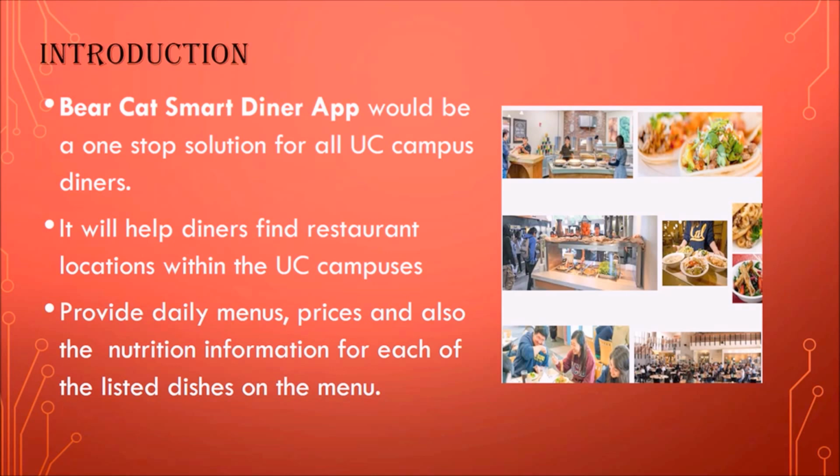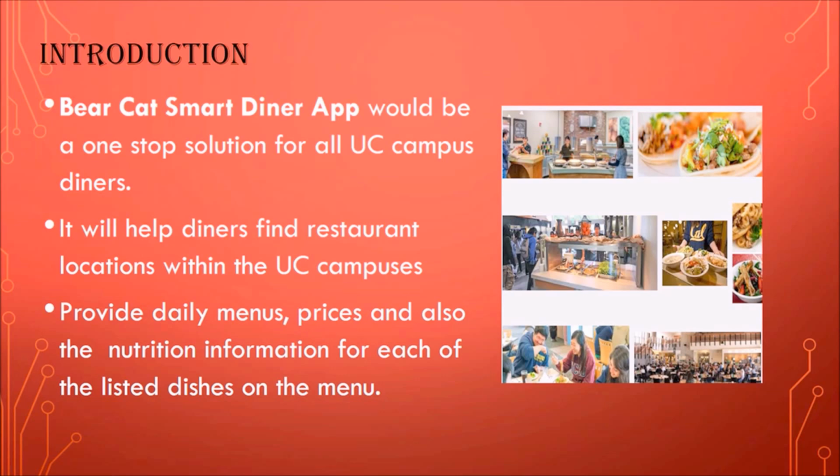This app was mainly designed for UC students, faculty, staff and other employees, food committee in UC and also UC visitors. It will help diners find restaurant locations within the UC campuses and also provides them information on everyday menus, prices, and also nutrition information for each of the listed dishes on the menu.